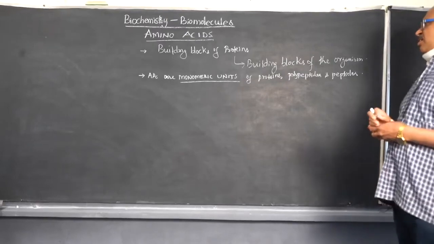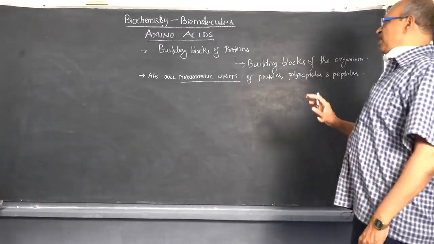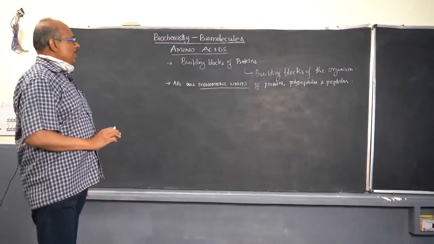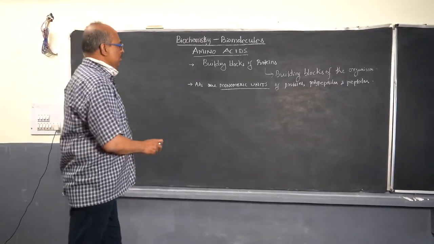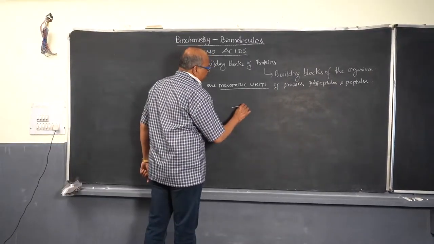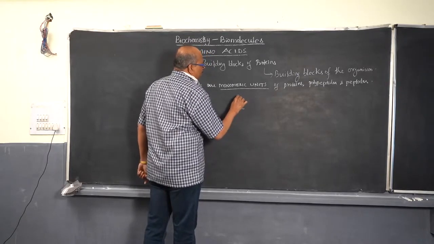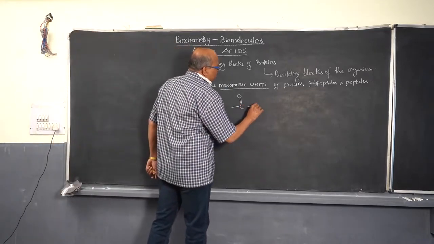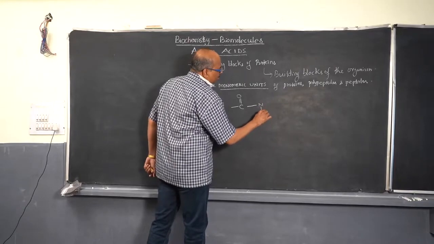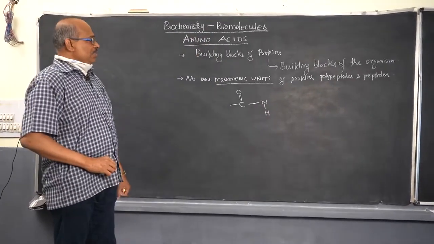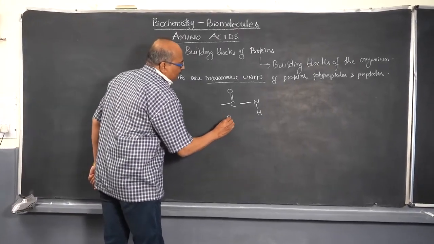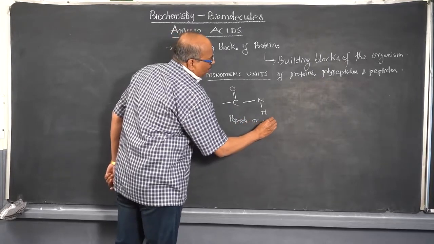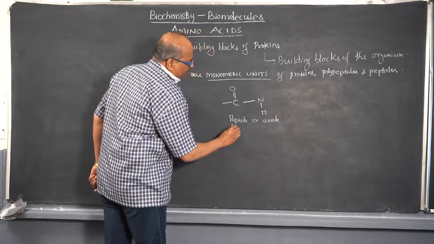So in all these cases, one amino acid will be linked to the adjacent amino acid through a peptide bond or an amide bond. So one amino acid gives its alpha carboxylate group, the other amino acid gives its amino group. This is what we call a peptide or amide bond.